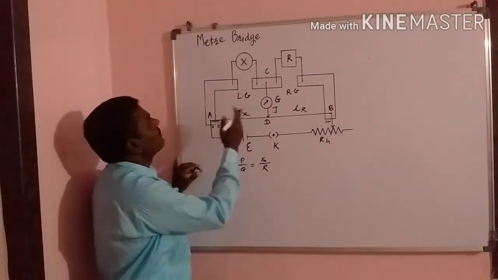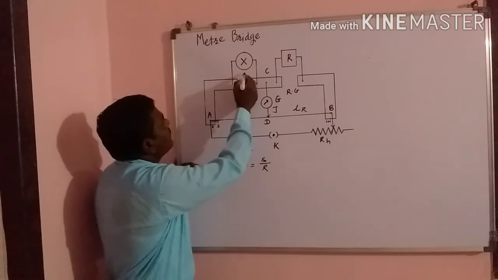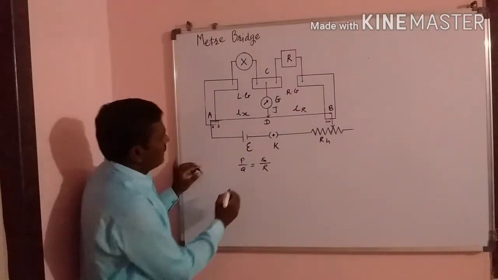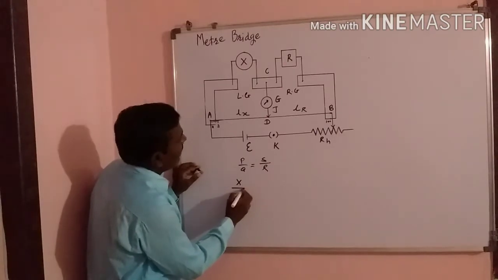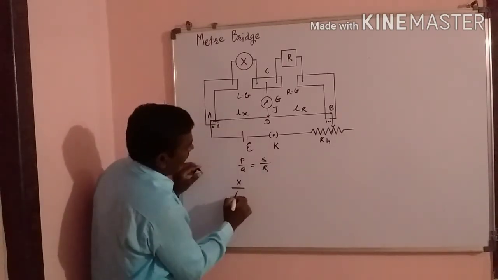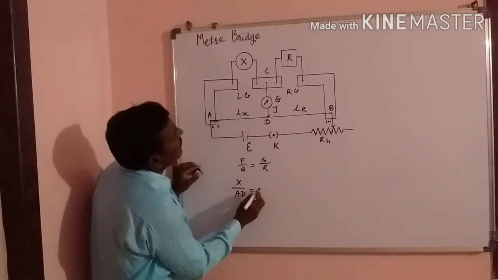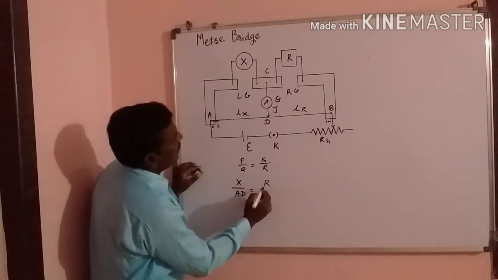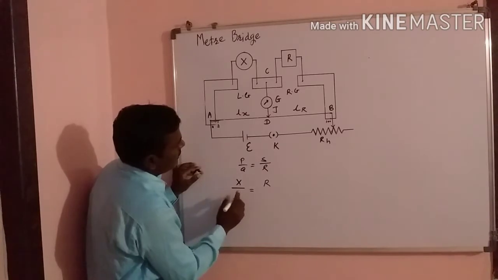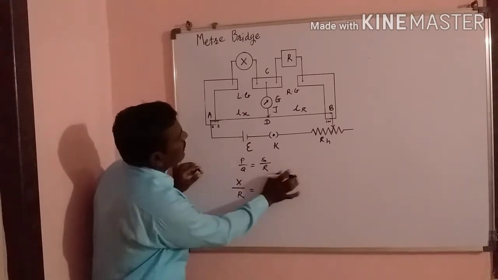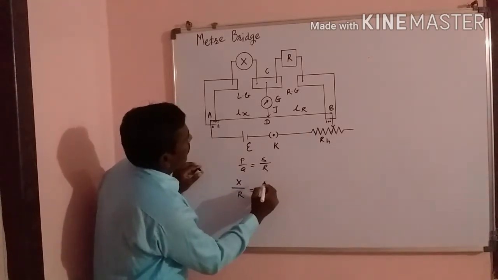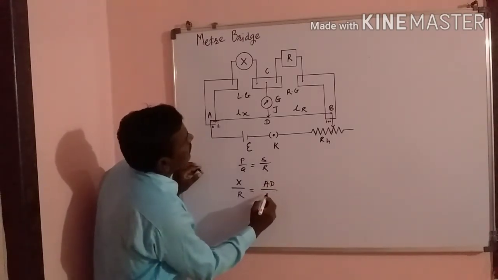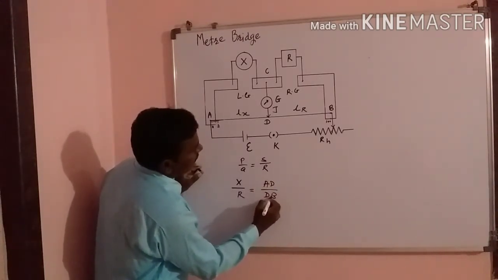Using the Wheatstone bridge condition, we should write here X upon R is equal to AD upon DB.